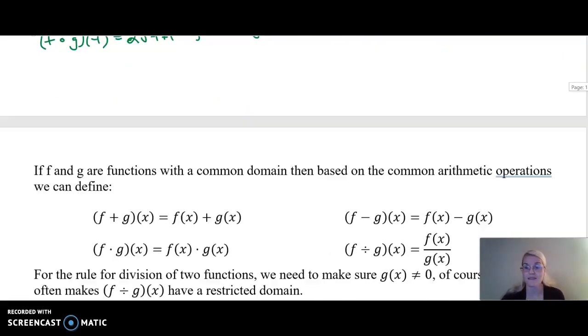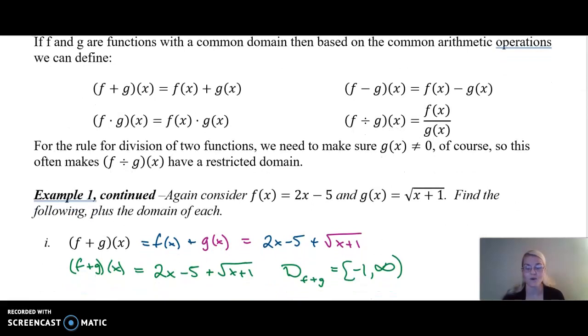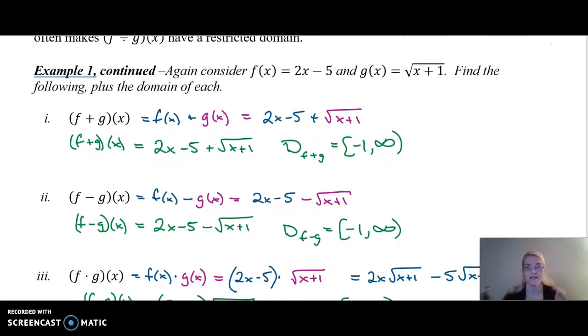Now, when you're doing the algebraic or arithmetic operations on your functions, adding, subtracting, multiplying, the domain of these first three operations is going to be the smallest domain of your two functions. It's going to be the overlap of your two functions.